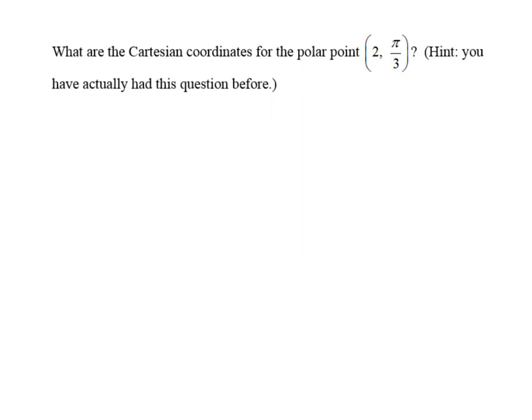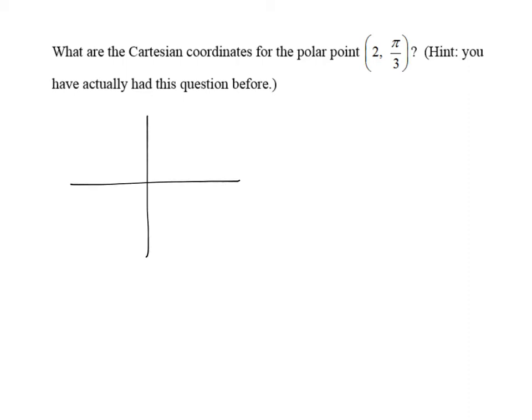Okay, so when you do the homework assignment for this lesson, you are going to be asked to do some conversions. So I want you to consider what the Cartesian coordinates would be for the polar point 2 pi over 3. If you really think about it, you have actually answered this problem before. Let's just sketch this out.